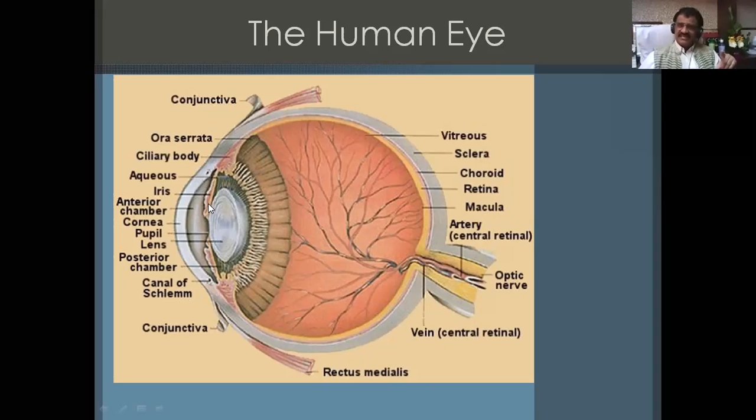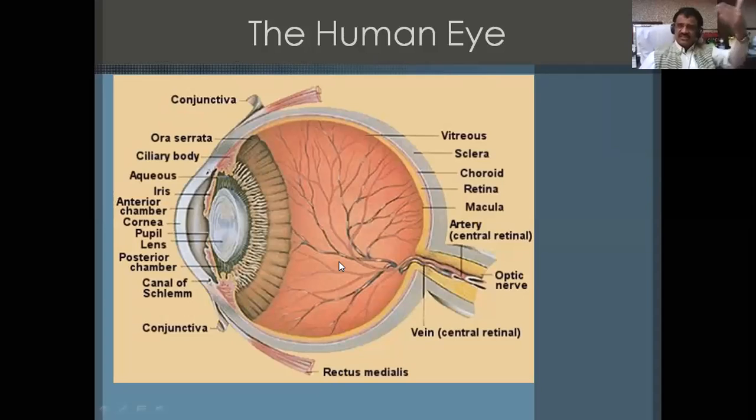And just behind the iris, you can see the lens, refractive lens, which is held by the ciliary body suspensory ligaments. And in that there is a posterior chamber of aqueous humor. Then you can see the ciliary body, and behind that you can see the ora serrata, and just behind the lens we have a vitreous body inside.